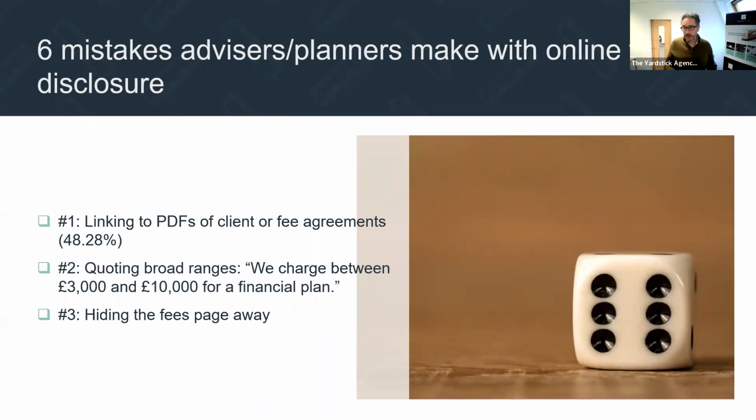The first is that terms of business and client agreements, fee agreements, are generally relatively lengthy documents. They generally, not always, don't have the information in there to prove value. They're also written, in large part, to satisfy your regulatory obligations as opposed to being client communications.